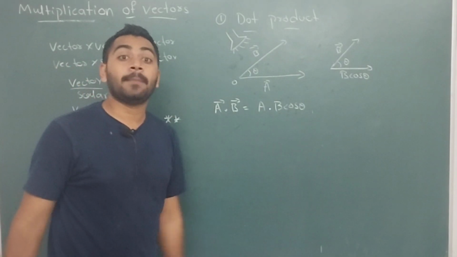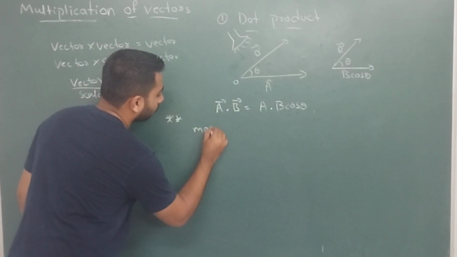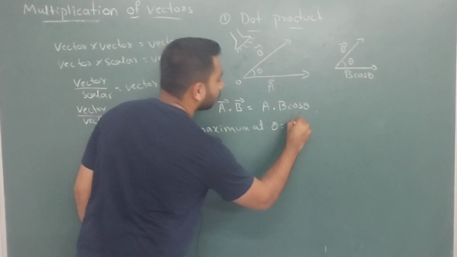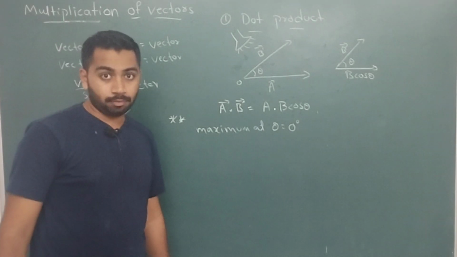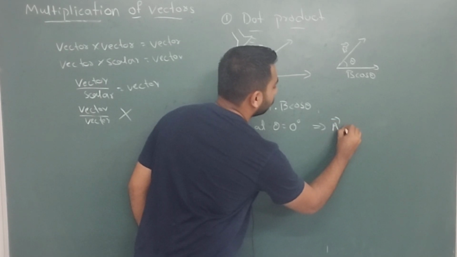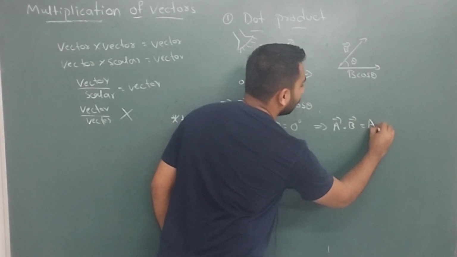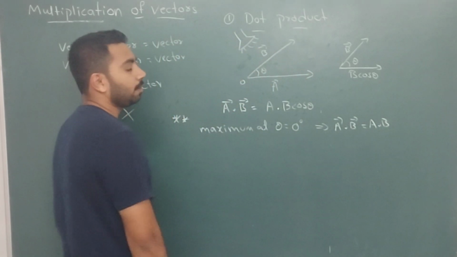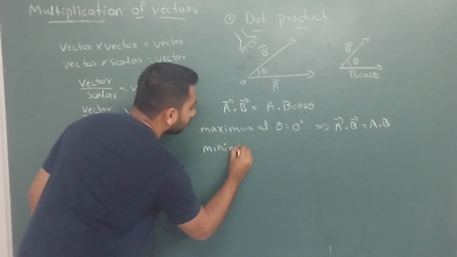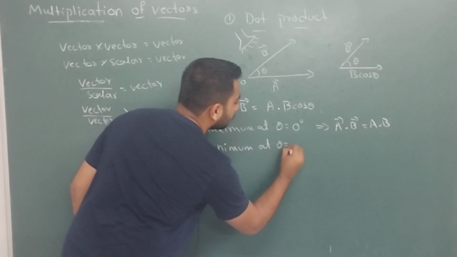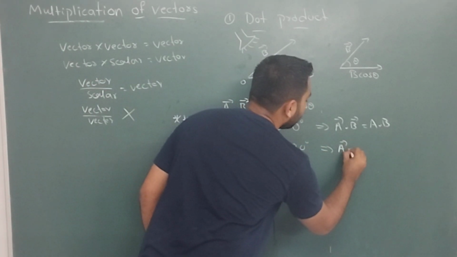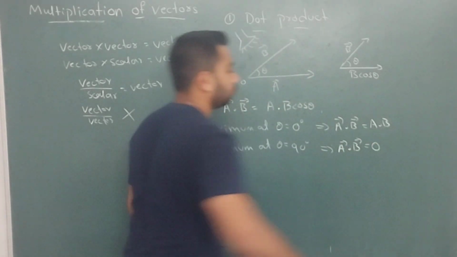Dot product is maximum at theta equal to 0 degrees, because if you put 0, it becomes A dot B equals magnitude of A into magnitude of B. Now it is minimum at theta equal to 90 degrees, which means A dot B becomes 0.